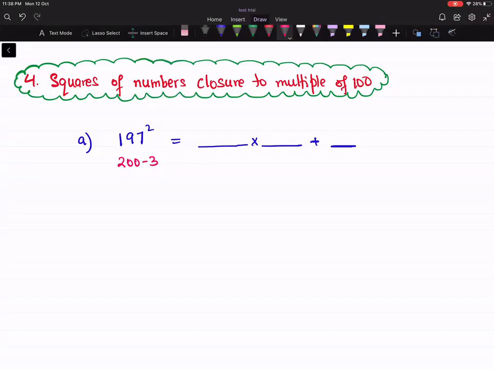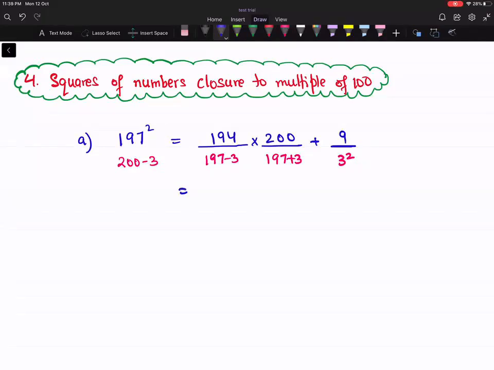So the numbers will be 197 minus 3 and 197 plus 3, and add 3 square, right? So 197 बेटा 200 से 3 कम है, तो आप 3 और सब्ट्रैक्ट करेंगे, that is 194, and आप 197 में 3 ऐड करेंगे, that is 200 plus 3 square which is 9, right?